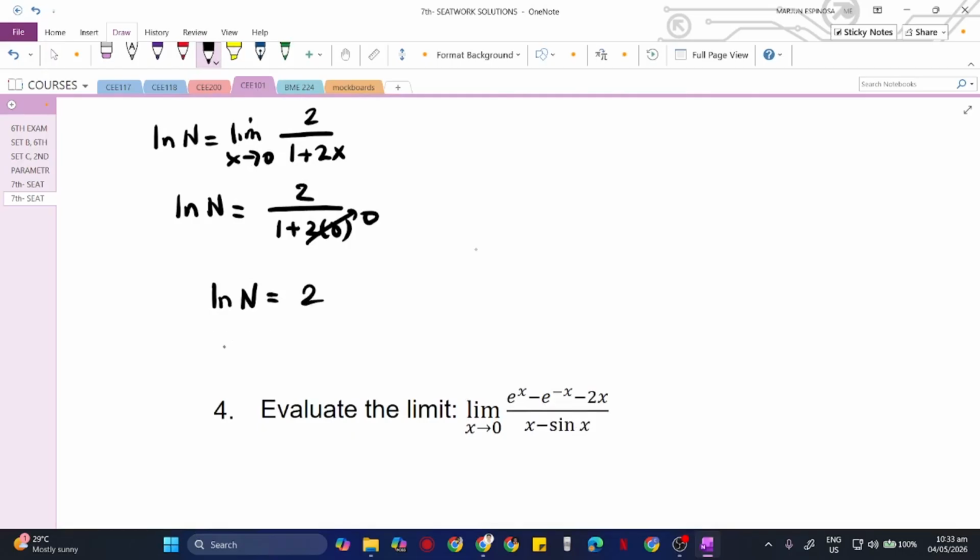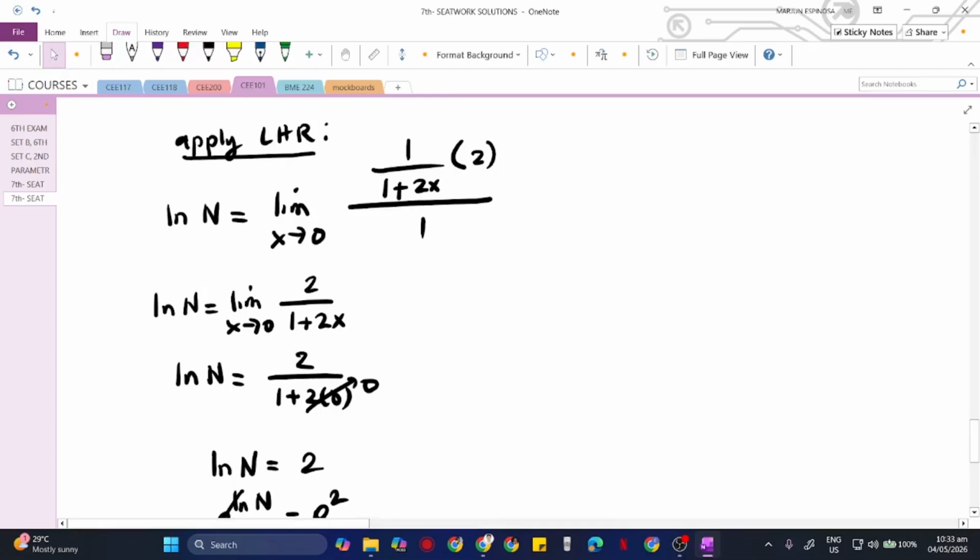Okay. Then, we will be exponentiating both sides, no? And that would give us n equivalent sa e raised to the power of 2, no?